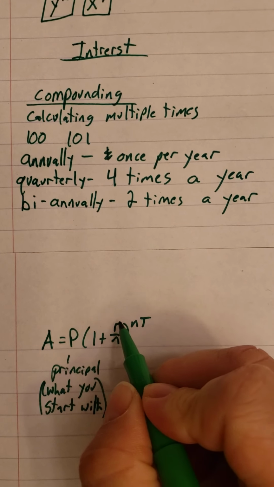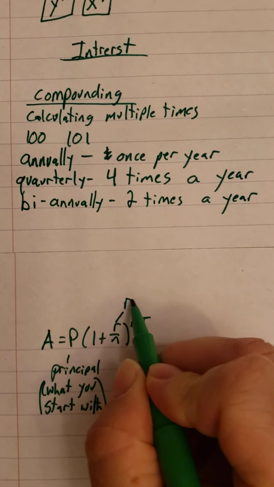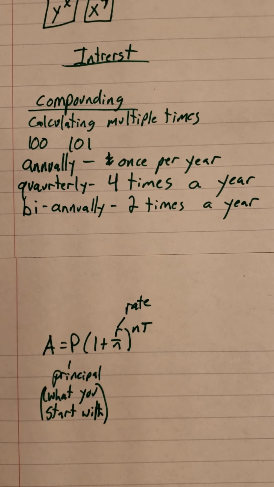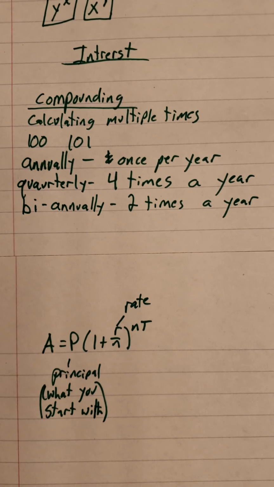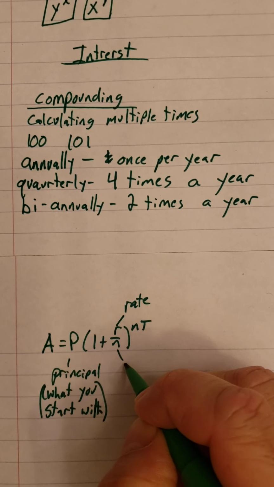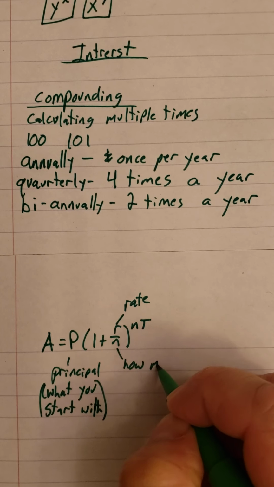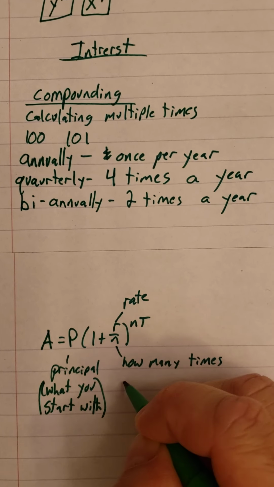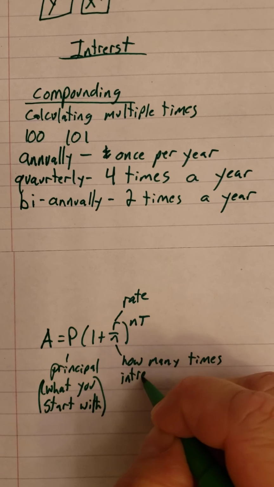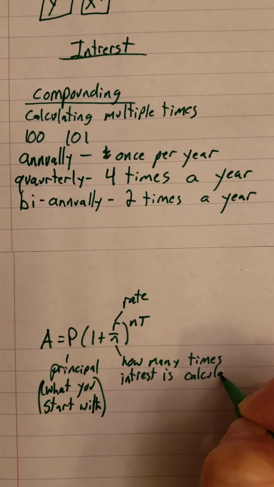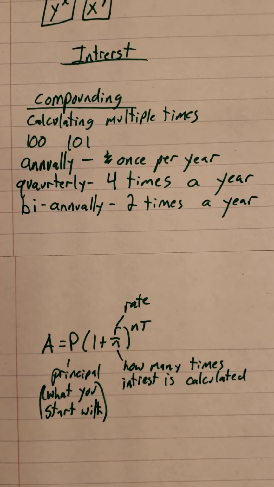The R is going to be your interest rate. And again, you need to be careful when you switch this with the decimal moving back and forth. The N is how many times they're going to compound it. So how many times a year are they calculating?